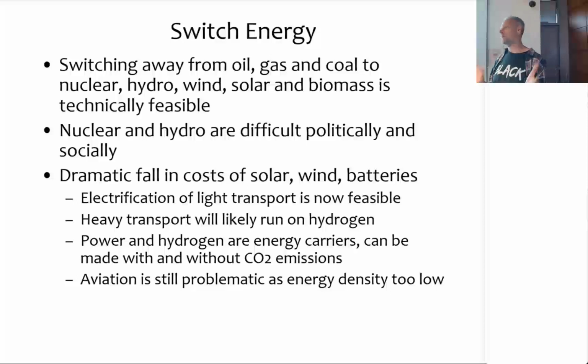Because of the issues with energy density, and because simply there's not enough oomph in an electric engine, heavy transport, so that's ships, as well as trucks, will probably switch to hydrogen rather than to electricity.